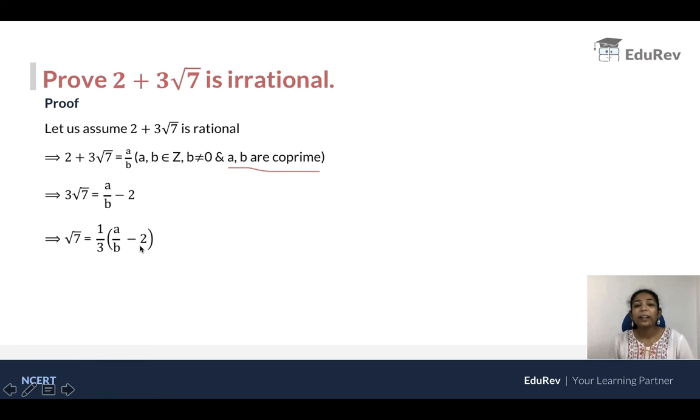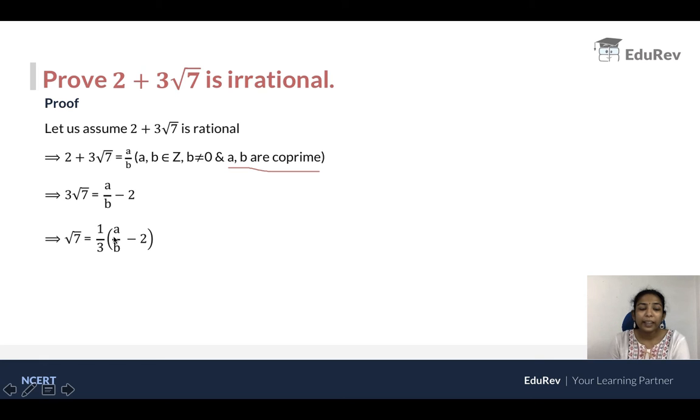And in our earlier classes, we have already studied, if we add two rational numbers, or subtract two rational numbers, or multiply two rational numbers, or divide two rational numbers, the output that you are going to get will always be a rational number. So look at this part. A by B is a rational number, 2 is a rational number, simply 2 by 1 you can write.